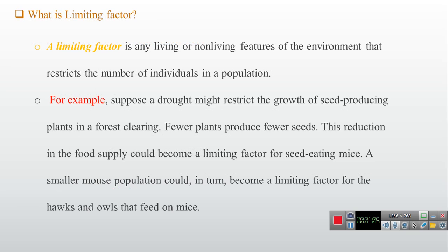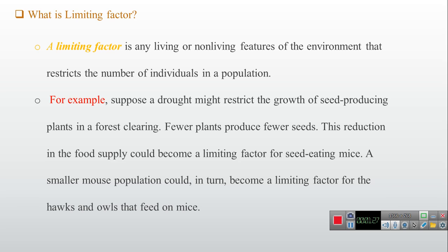A limiting factor is any living or non-living feature of the environment that restricts the number of individuals in a population. It means the non-living and living factors will affect the organisms' population growth.